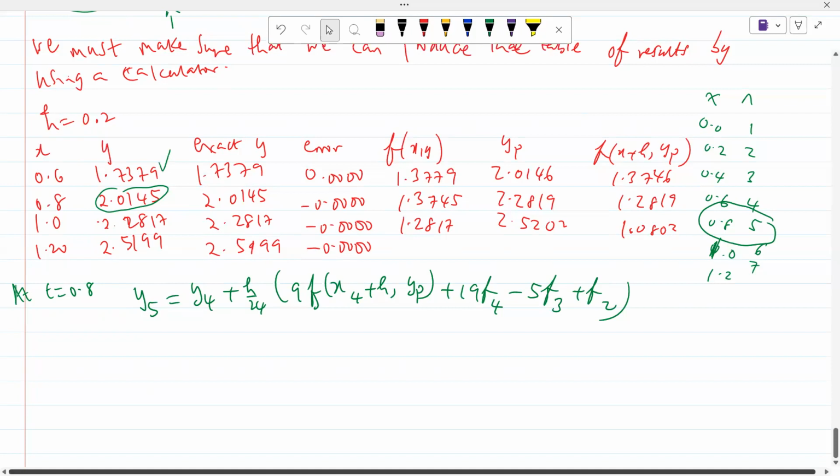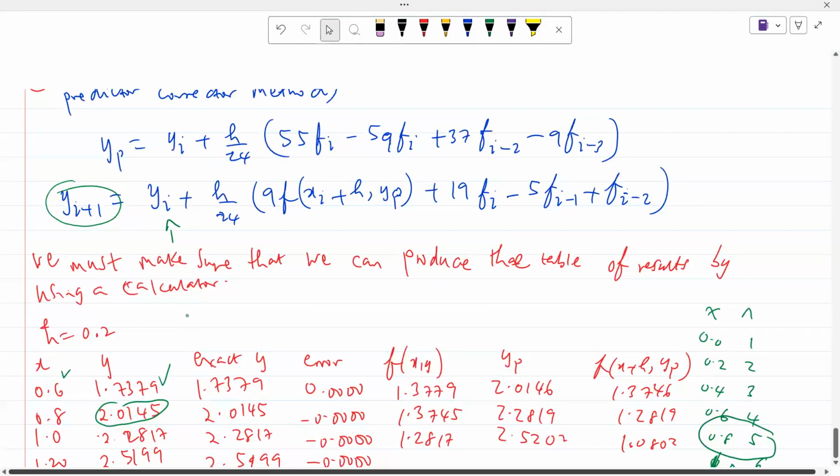And then x4 is exactly that one. H, yp. Yp is the predictor, and so the predictor can be obtained there. Okay. All right.